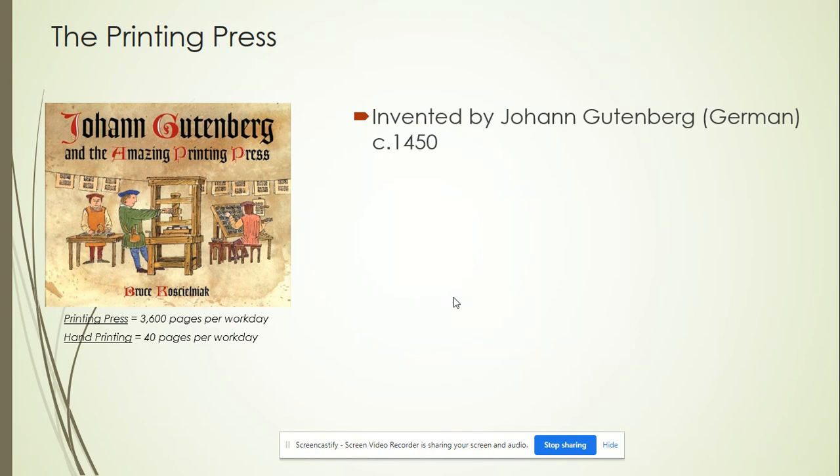And you can see how much more efficient the printing press was. By hand, a printer could do about 40 pages a day. With the printing press, all of a sudden, we can get 3,600 pages per day out of one single worker. This is a revolutionary instrument and tool.